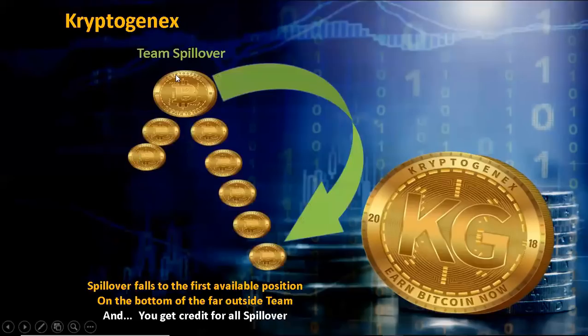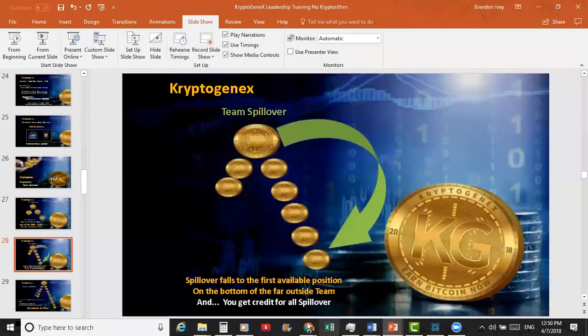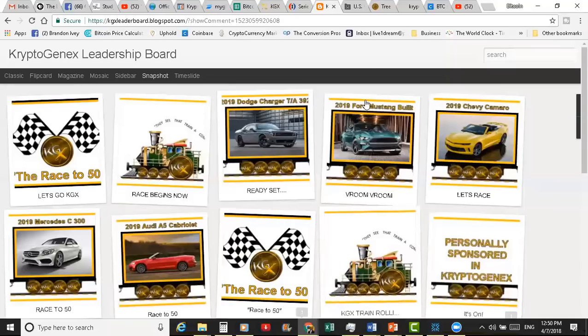Spillover counts towards your points. So when you have spillover like this, 1 point, 1 point, 1 point, 1 point, 1 point, that means every time 1 point falls on this side, you're getting paid 25, 25, 25. So you're going to get credit for all spillover. That goes back to what I said, I'm going to come back to this.